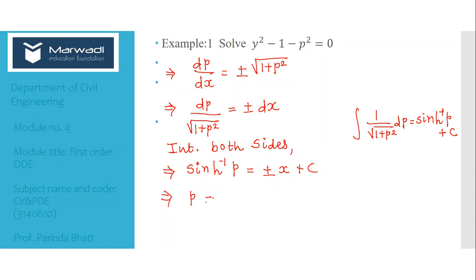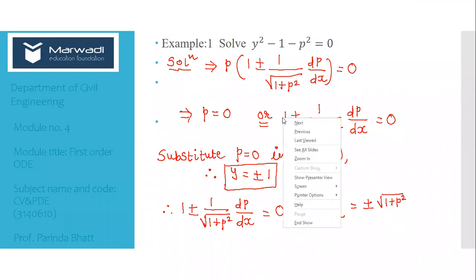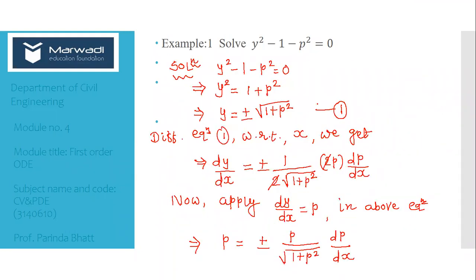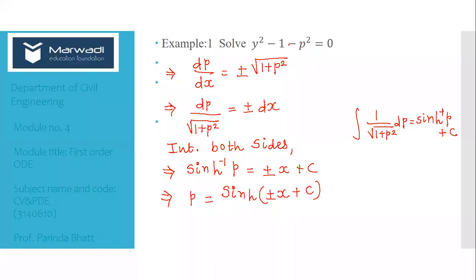Therefore p equal to sine h of plus or minus x plus c. This is equation number 2, right?